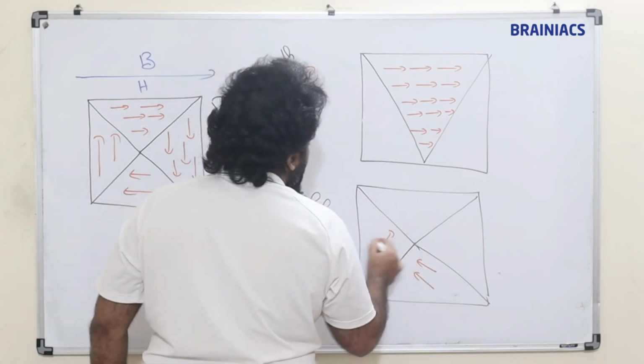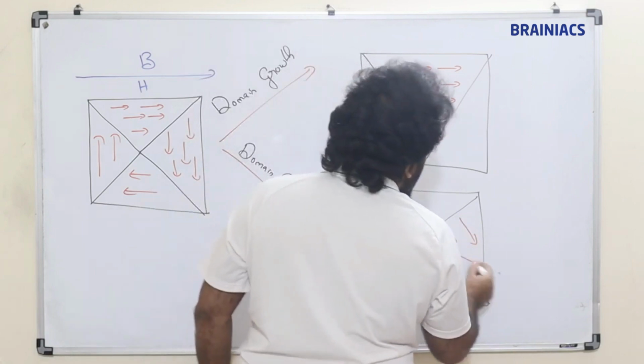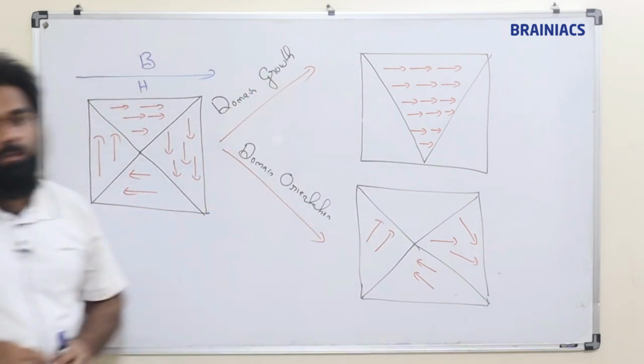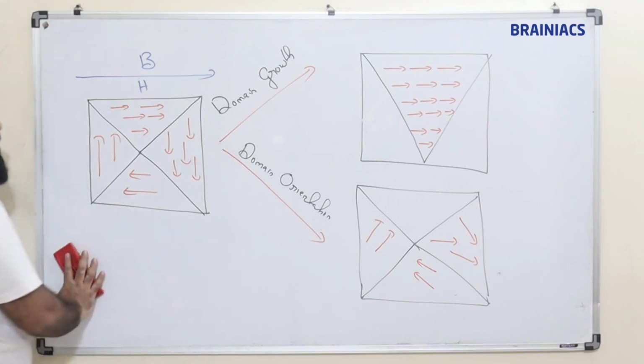This one will start drifting into that direction, and this also will start drifting in this direction. So this is domain orientation and domain growth. Hope you are able to understand. Clear? Shall I erase? Pause the screen and note it down.